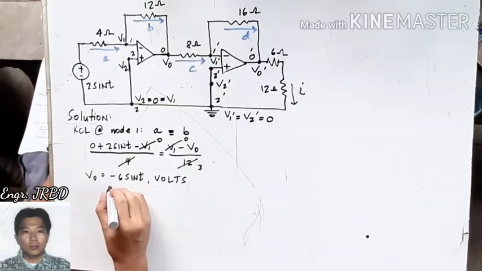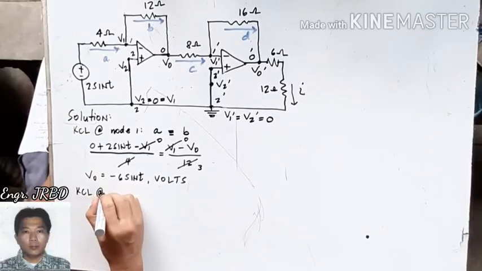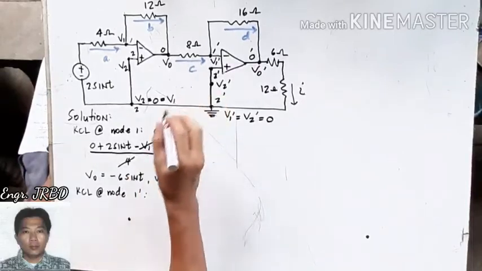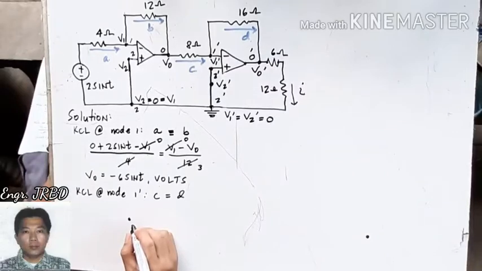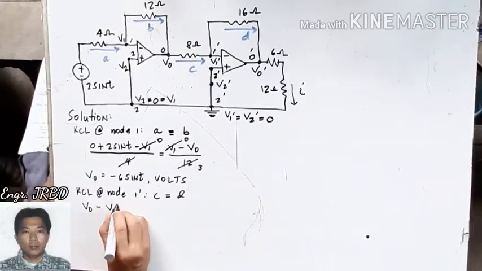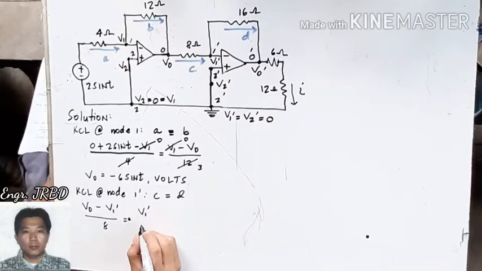Next, apply KCL at node 1 prime. C is equivalent to D. Expressing C in terms of the unknown node voltage, this will be (V sub O minus V sub 1 prime) divided by 8, which is equivalent to D, which is (V sub 1 prime minus V sub O prime) divided by 16.